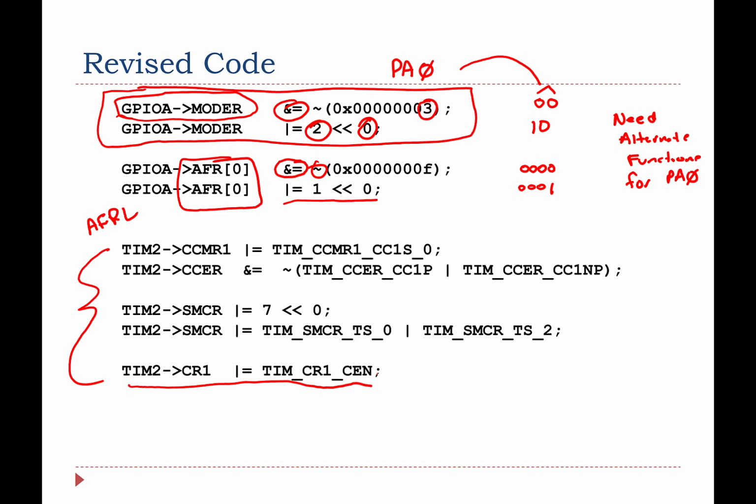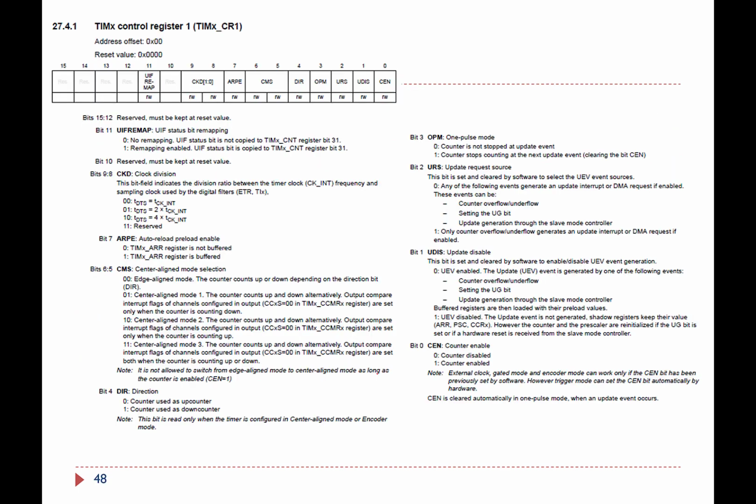Okay, so let's go look at the CR1 register. Here it is. CR1 is timer control register 1. Remember, we're doing timer 2 because we were attached to port A0 and we use the appropriate alternate function setup so that we can have timer 2.